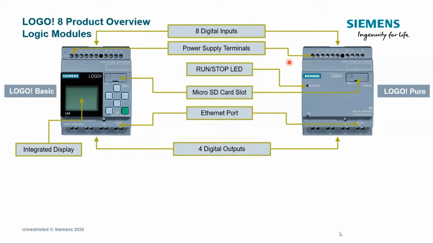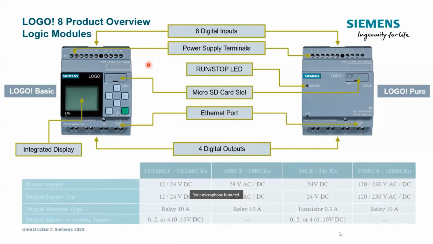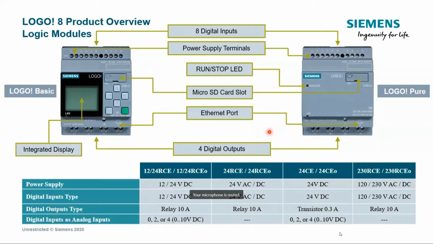So what are the different types that we have seen before in the previous slide? We have seen that we have 8 different versions of this logic module. So we have seen now that we have 2 types, basic and pure. But why do we have 8 variants? The reason is that we have different variants with different power supply type, digital input type and digital output type to suit different applications.